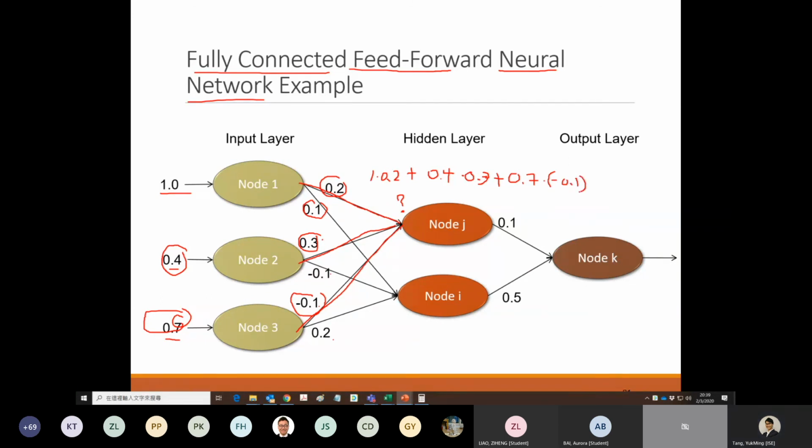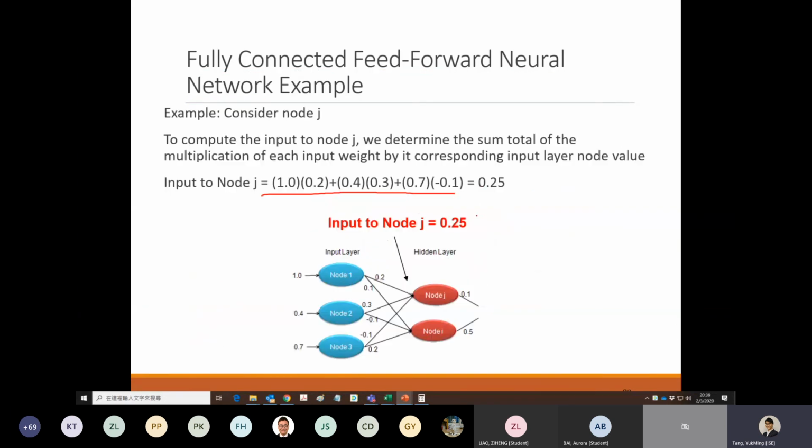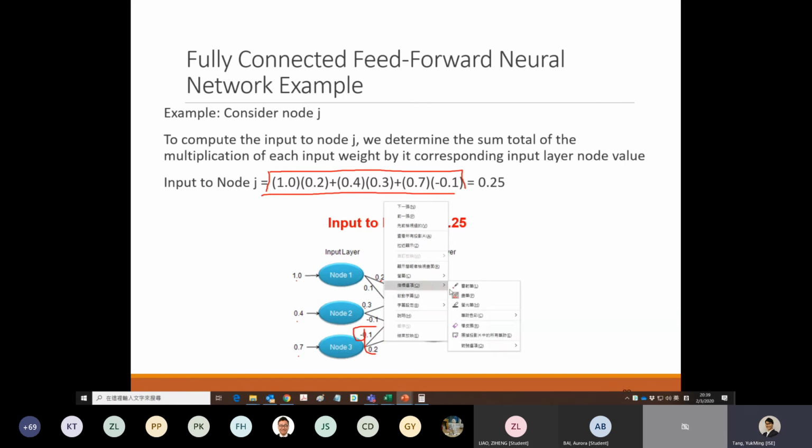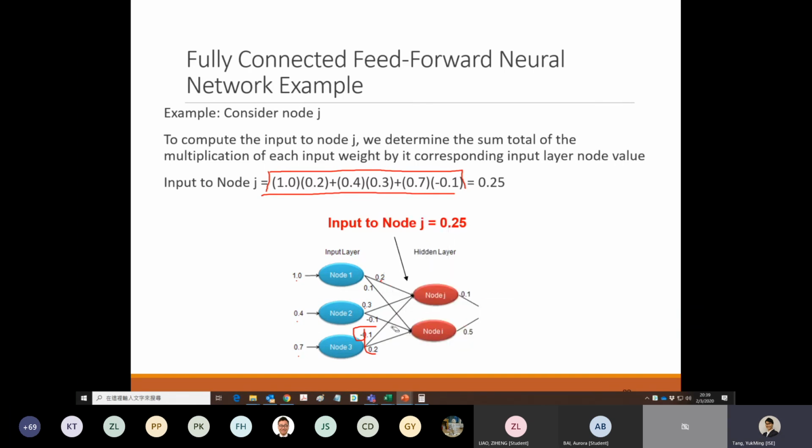Okay, so that means 1 times 0.2 plus 0.4 times 0.3 plus 0.7 times minus 0.1.